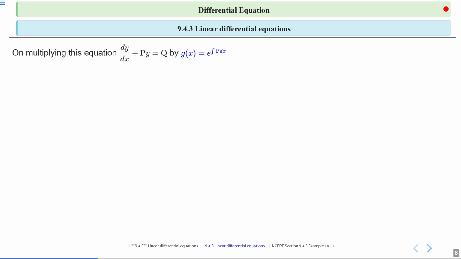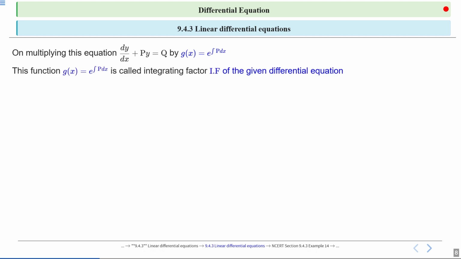So on multiplying the equation by g(x), this function g(x) equal to e to the power integral of p dx is called the integrating factor of the given differential equation.